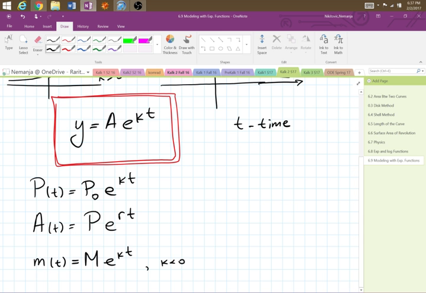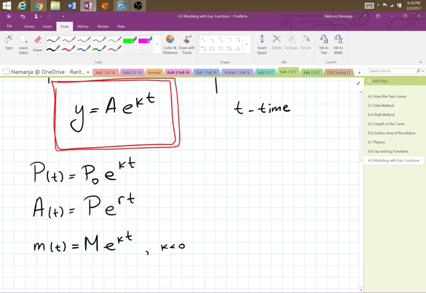So I just gave you three examples: population, money, and the decay problem for mass, which can be used in environmental sciences. It could also be used for carbon dating, which is history and archaeology.